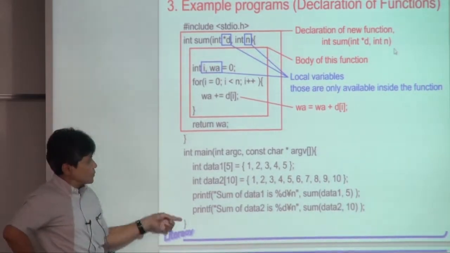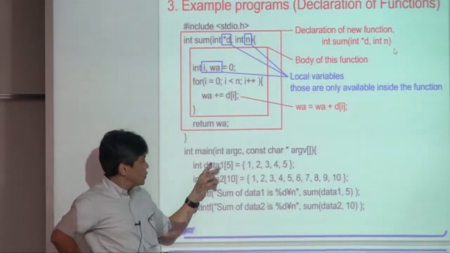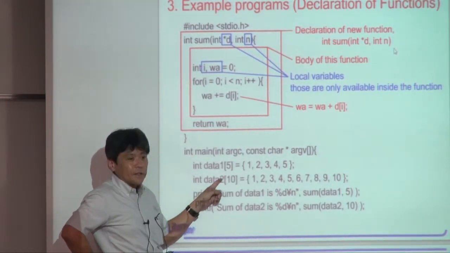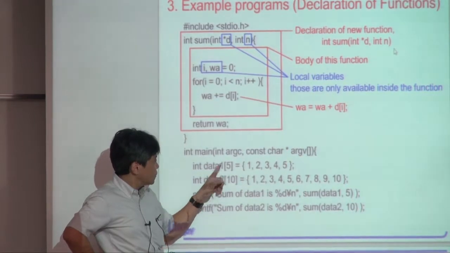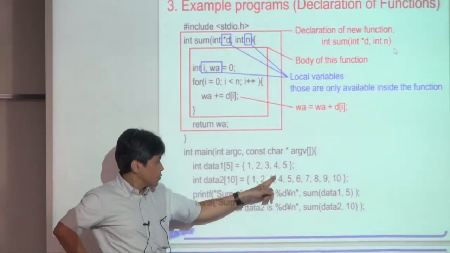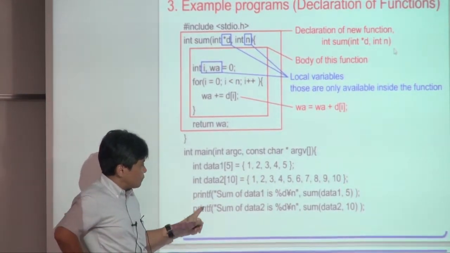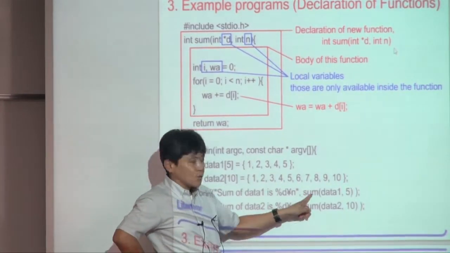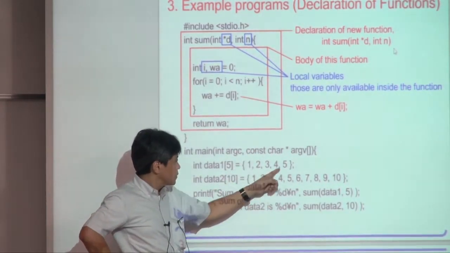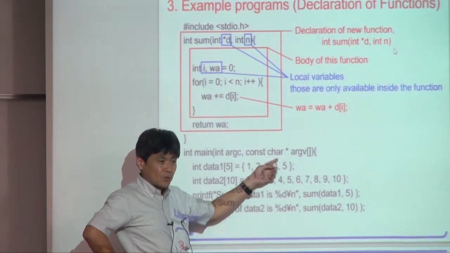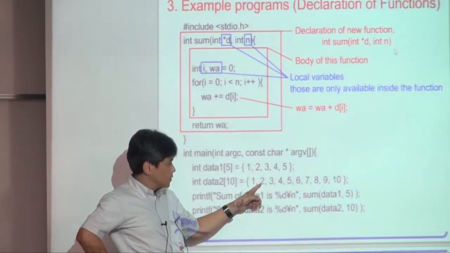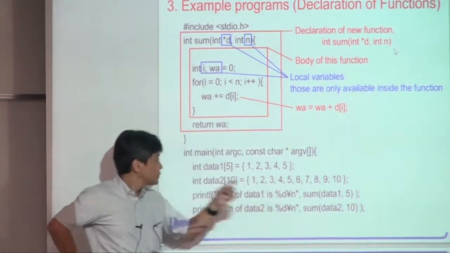These are the main functions. In this case, array data is defined with 5 data and 10 data. Using the printf function and the function called sum, you can display the total summation of these values, here and here.